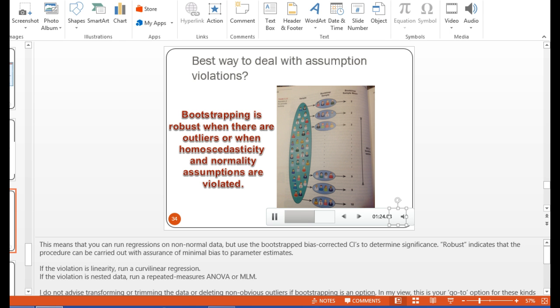In those cases, we want to run either a repeated measures ANOVA or a multi-level modeling analysis, which you'll learn next quarter. Finally, I don't advise transforming the data, although Field gives us instructions to do so for our reference later if needed. I don't advise trimming data or deleting outliers that aren't obvious because bootstrapping can take care of that as well, and plus it is just not the best practice to delete outliers that aren't very, very obvious.